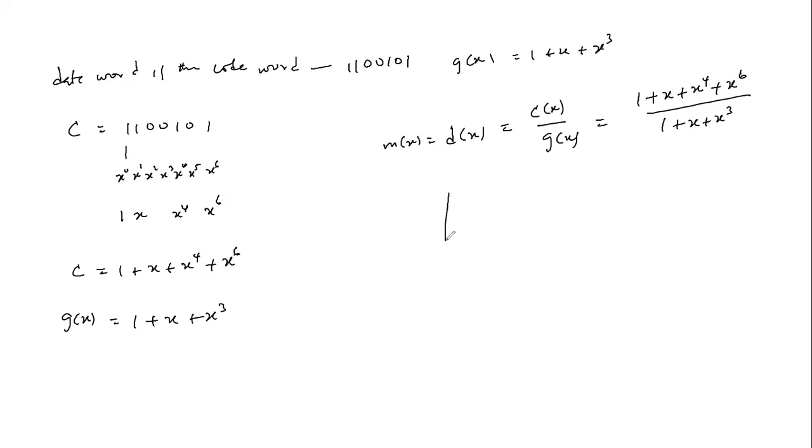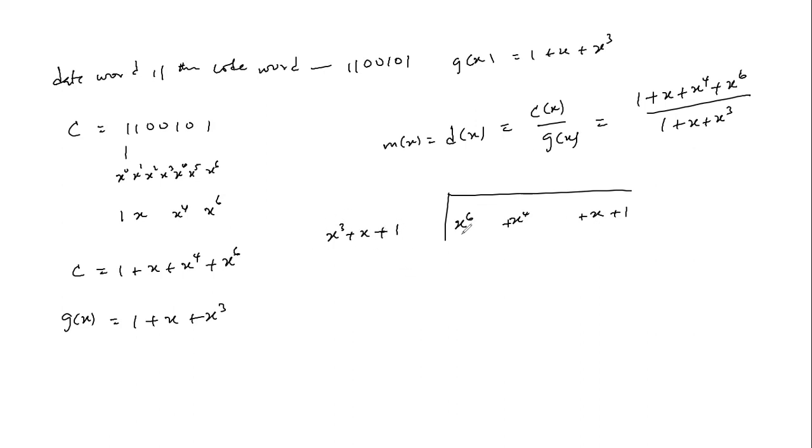And now I have to do a long division. I have x to the power of 6, no x to the 5, there's x to the 4 plus x to the 4, there's no x cubed, there's no x squared, and there is x plus 1. Then we're dividing by x cubed plus x plus 1.